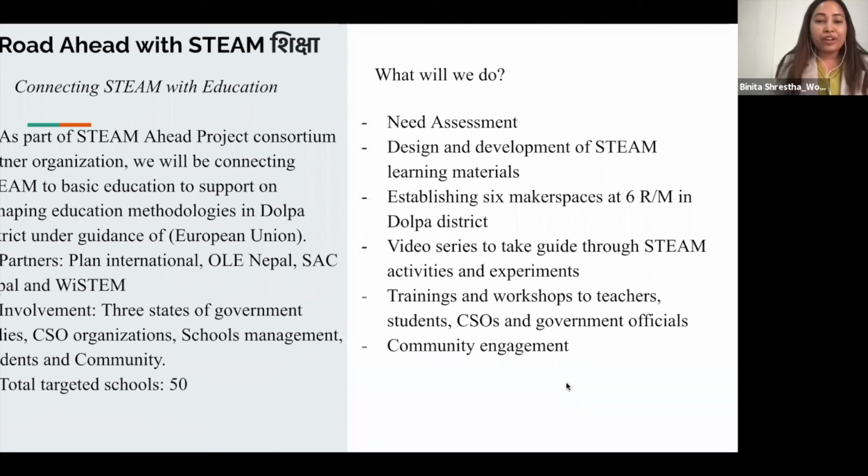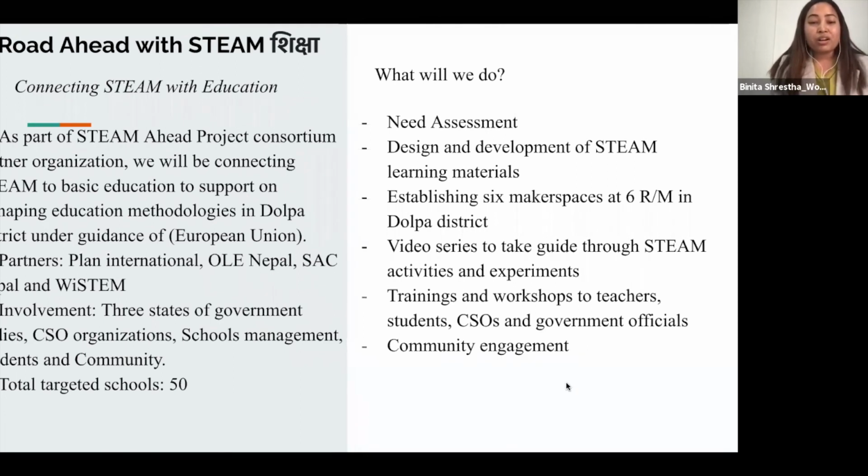The next thing that we are doing is connecting STEM with education. With the European Union and consortium partner organizations, we are working to connect STEM with education, supporting online and offline STEAM materials for learning, given that the children of Dolpa go through 6 months of seasonal migration every year.